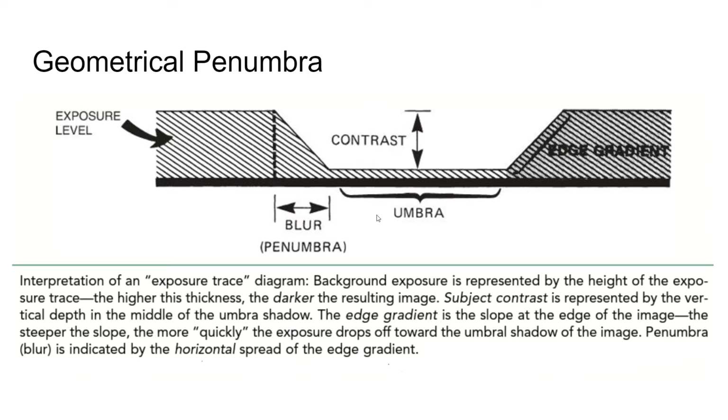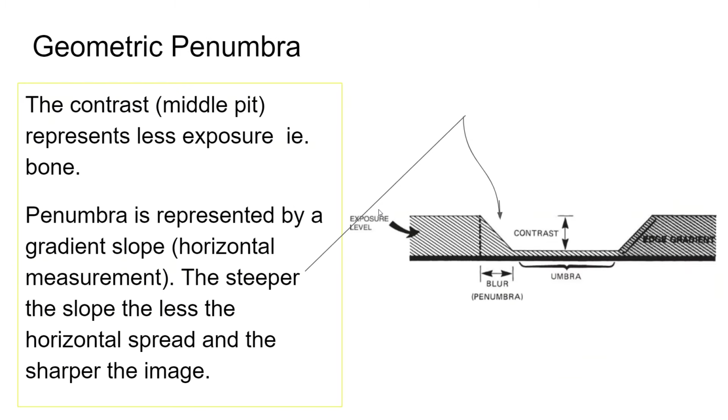And we're going to look particularly in the next couple slides at the slope of that, right? The steepness of it. So we already said contrast was kind of in the middle. Penumbra, we said, is this slope right here that we're going to concentrate on.